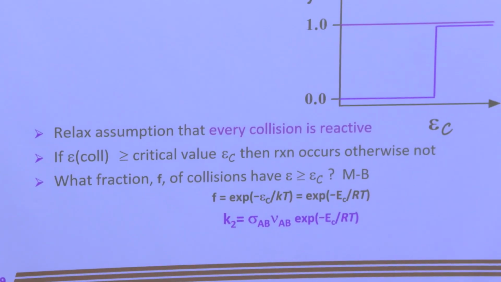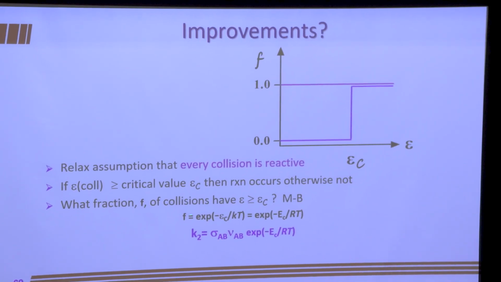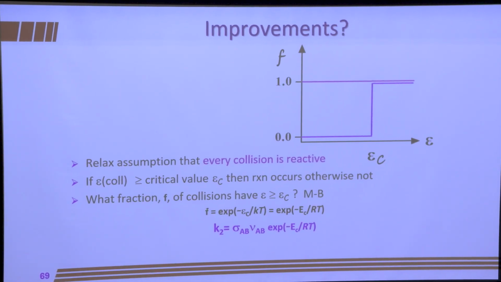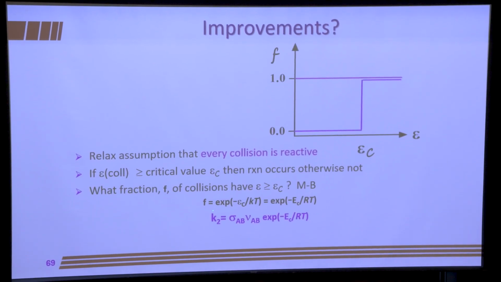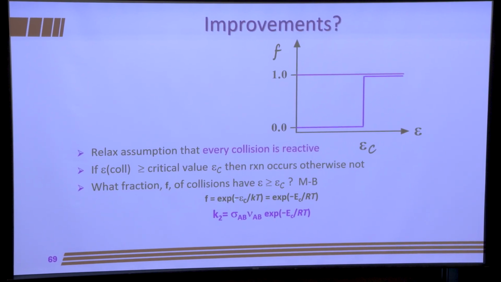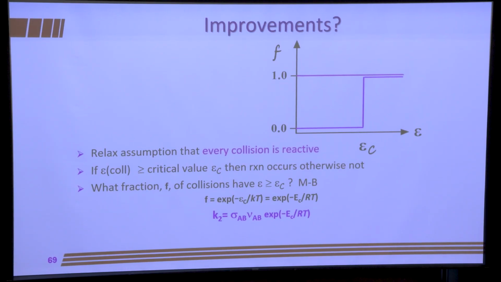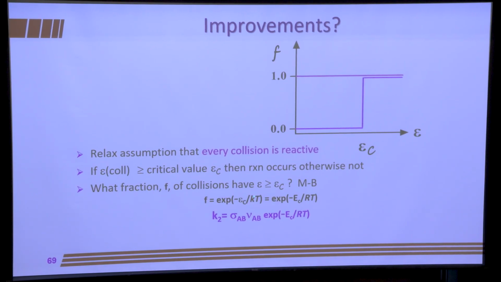Okay. So now we can say, okay, well, this F, the fraction, is equal to the exponent of minus the critical energy all over kT. And so this is on a molecular basis. On a molar basis, that's equal to the exponent of minus capital EC all over RT.